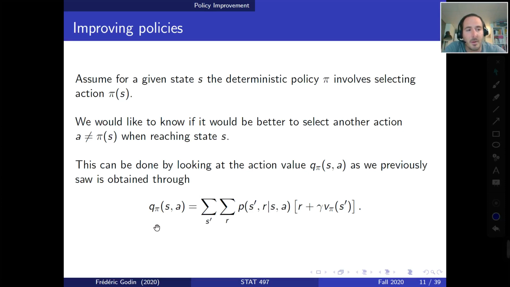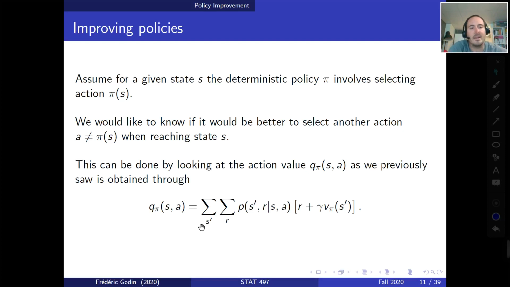The idea we're going to see is that if we follow some policy, then the action value function tells us the respective value of each action in that state. And the value of an action is the expected reward you will receive if you take action A right now, and then for all subsequent steps you follow policy pi.